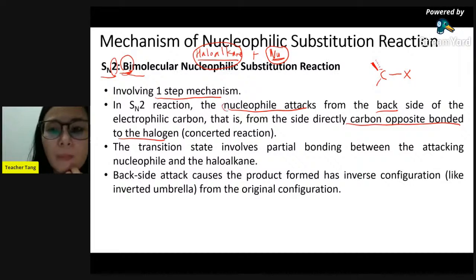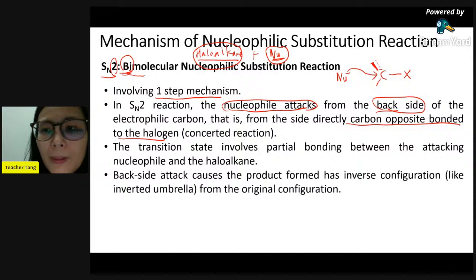Nucleophile attack from the back means the nucleophile akan serang at the side that is opposite to the carbon that is bonded to the halogen. So, dari belakang. Okay, belakang of the carbon that is bonded to the halogen. Opposite to the side where the carbon is bonded to the halogen.